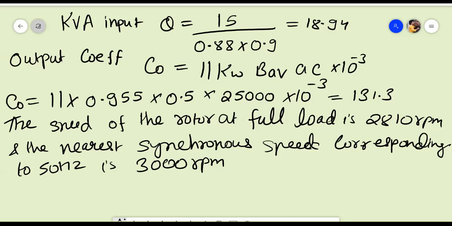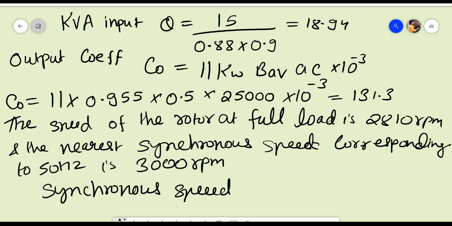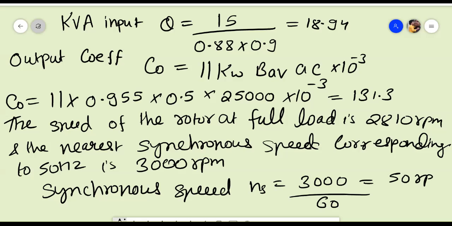So we can actually find the synchronous speed ns, that will be equal to 3000 divided by 60, which will be equal to 50 revolutions per second. Okay, so we got our ns also.